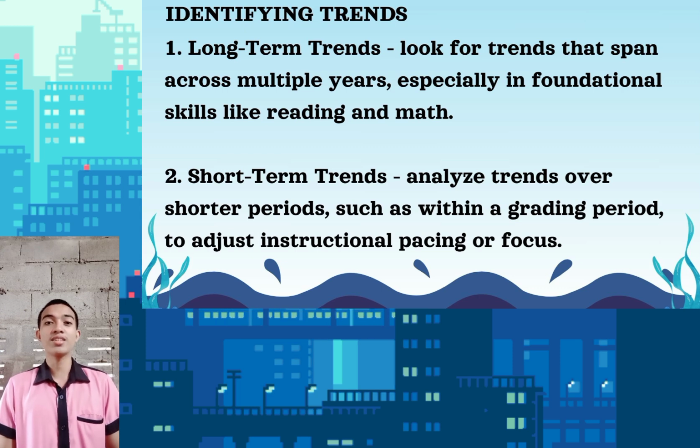For long-term trends, look for trends that span across multiple years, especially in foundational skills like reading and mathematics. Second one is the short-term trends. You have to analyze trends over shorter periods, for example, within a grading period to adjust instructional pacing or focus.